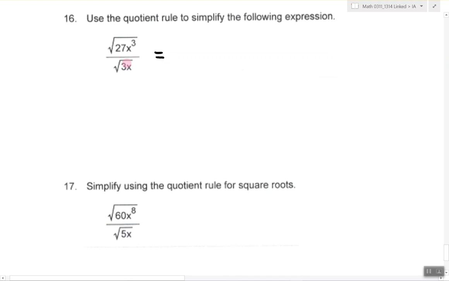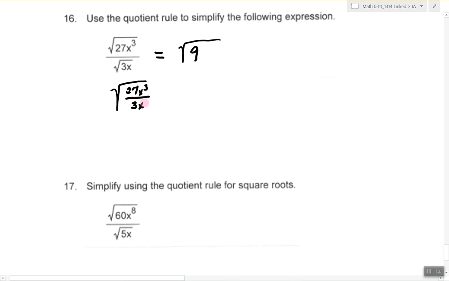So I'm going to divide, these are both radicands, 3 into 27, that's going to give me 9. And remember the quotient rule? Let me write this like this. This is the same as 27x to the third over 3x, all under 1 square root. And so you can divide. 3 goes into 27 9 times.